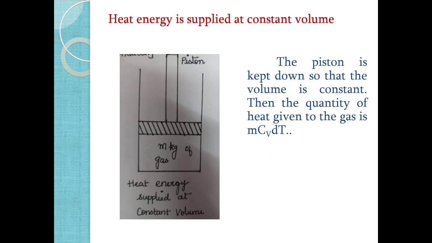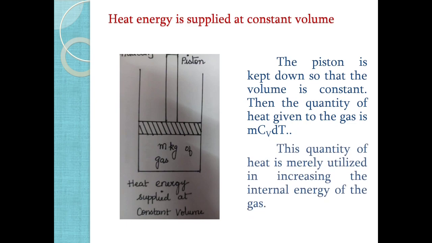Generally, the heat provided to any substance is measured as the mass of the substance multiplied by the specific heat capacity and the rise in temperature. Here the mass of the gas is m, the specific heat capacity is measured at constant volume, so it is Cv, and the rising temperature is dT.